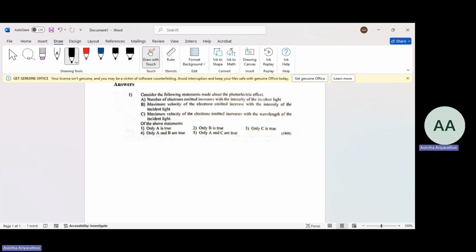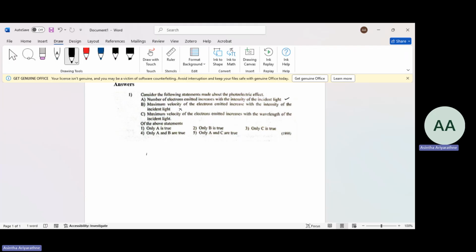Consider the following statements. The number of electrons emitted increases with the intensity of the incident light. Correct. Maximum velocity of the electrons emitted increases with the intensity of the incident light. Incorrect. Maximum velocity of the electrons emitted increases with the wavelength of the incident light?